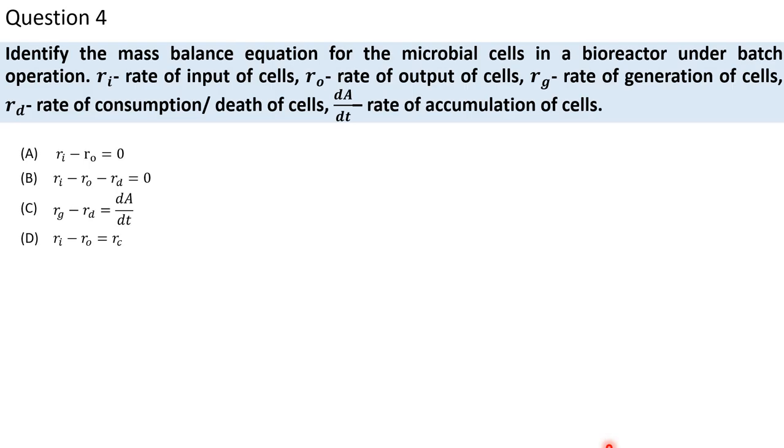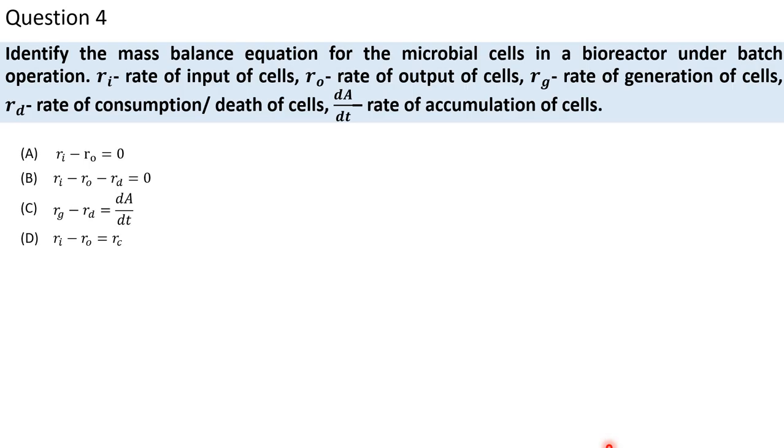Option A, Ri minus R naught is equal to 0. Option B, Ri minus R naught minus Rd, which is rate of input minus rate of output minus rate of consumption, is equal to 0. Option C is rate of generation minus rate of consumption is equal to the rate of accumulation of cells.